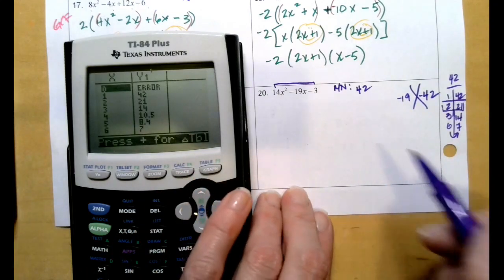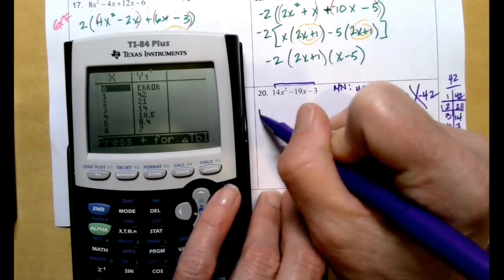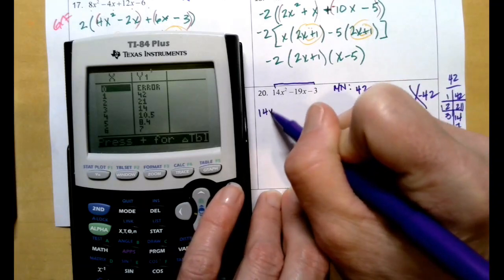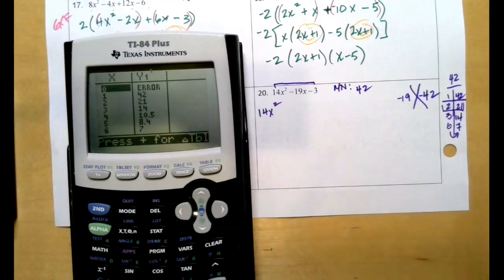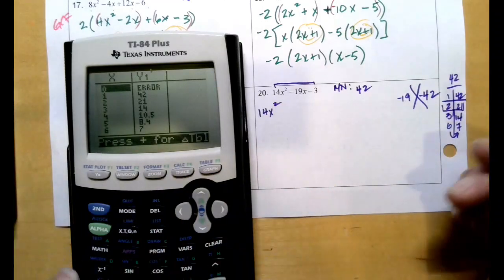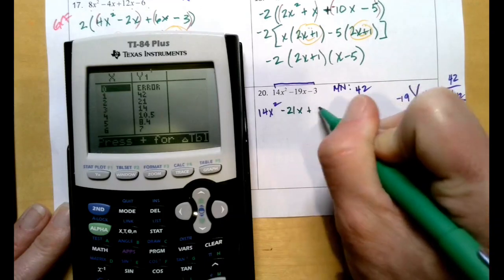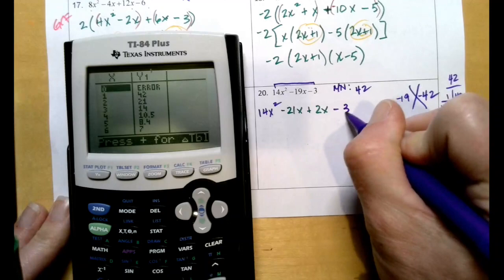So when we look at this, we're going to have 14x squared, and instead of negative 19, we're going to rewrite negative 19 as minus 21x's plus 2x's, and then of course we have the end of our polynomial.